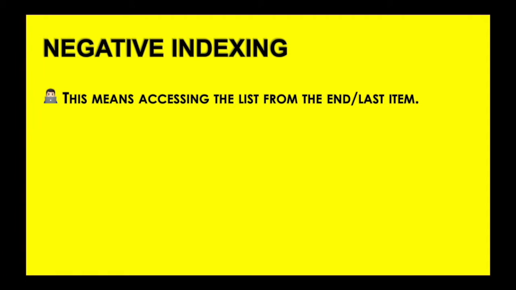So this time, since this is negative indexing, we will try to access the list from the end or the very last item on our list. So negative 1 actually refers to the last index, then negative 2 will be the second to the last index, negative 3 the third to the last index, and so on and so forth.